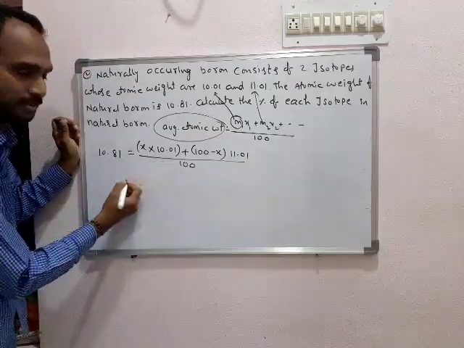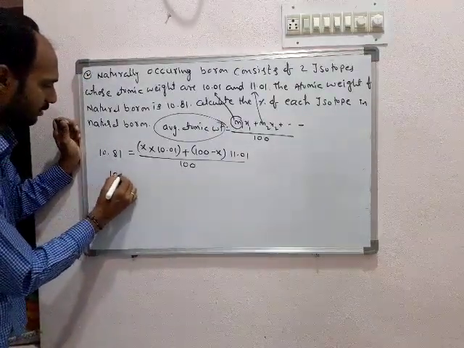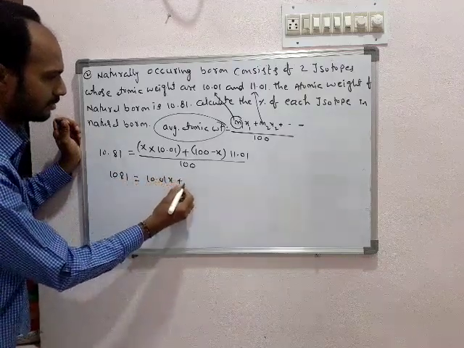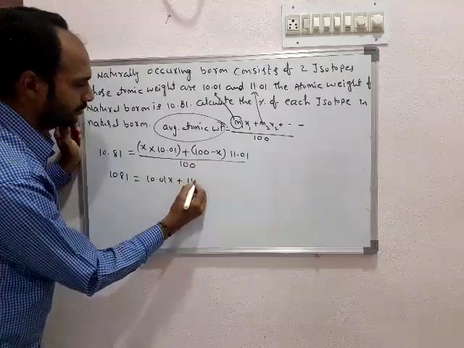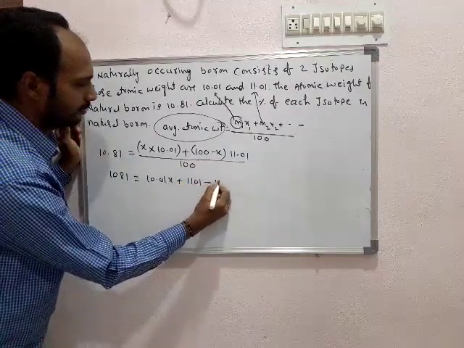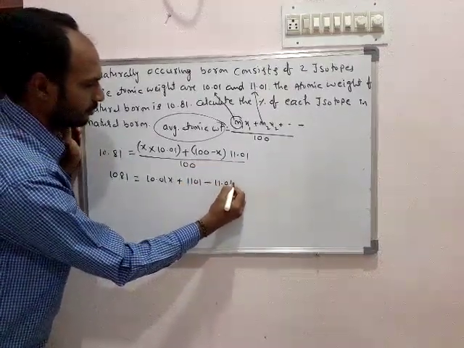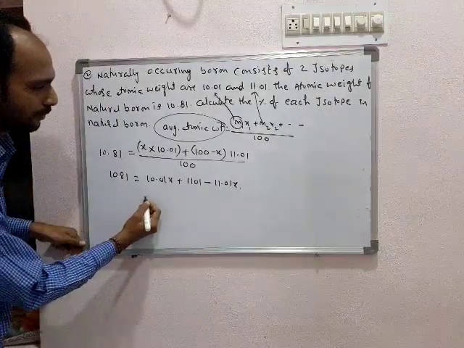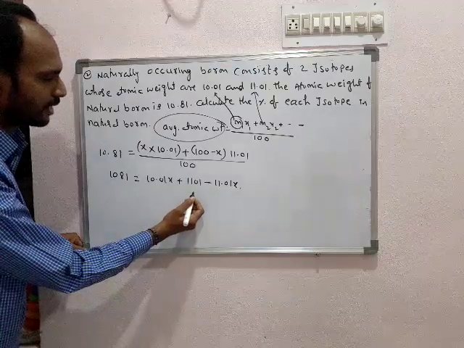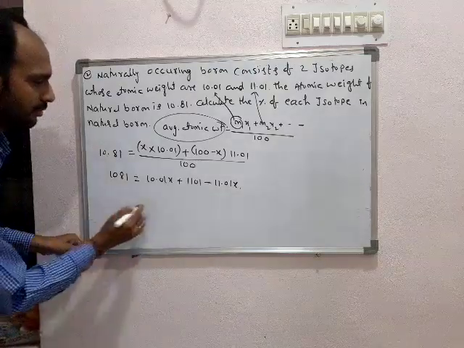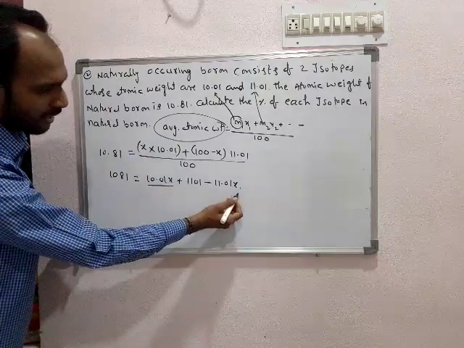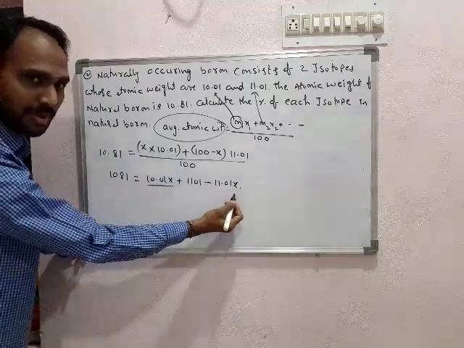Then on cross multiplication we will get, now transfer the x terms here. 10.01x minus 11.01x will get minus 1x.